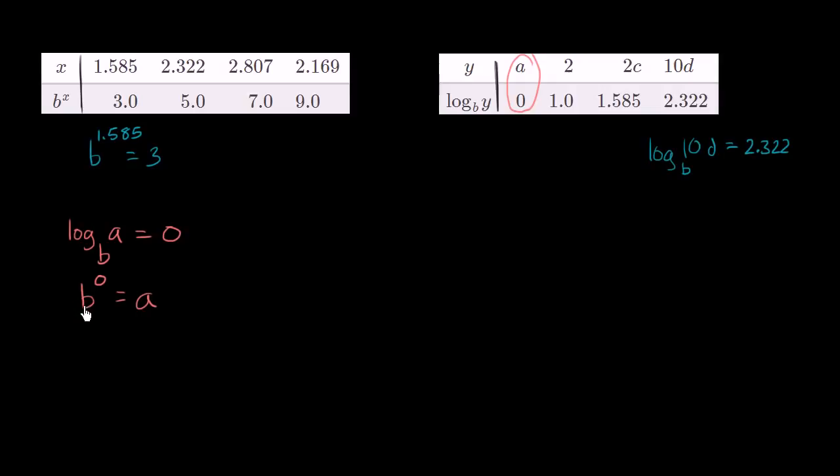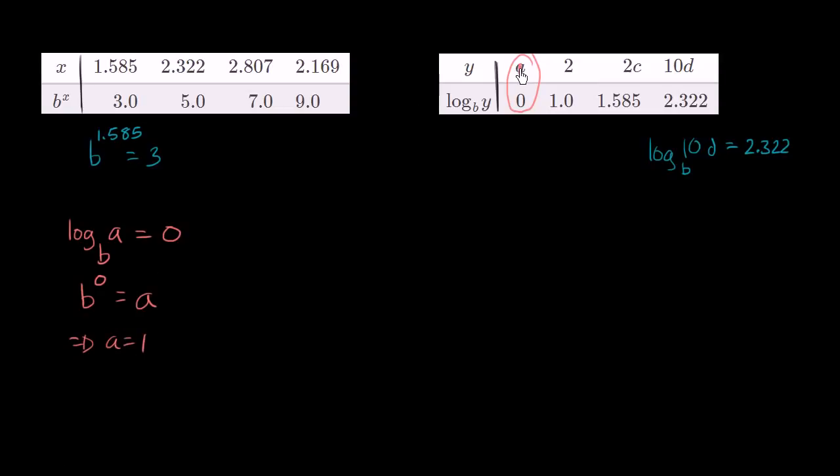We can assume that b is not 0, and I think that's a safe assumption because we're raising b to all of these other powers and getting non-zero values. So anything to the 0 power is going to be 1. So this tells us that a is equal to 1.